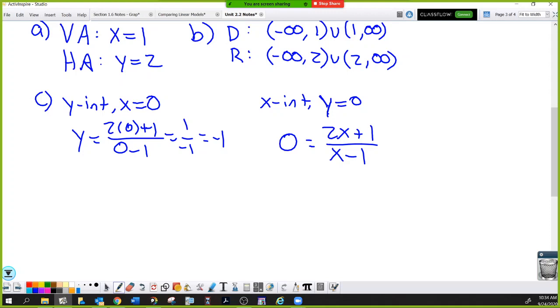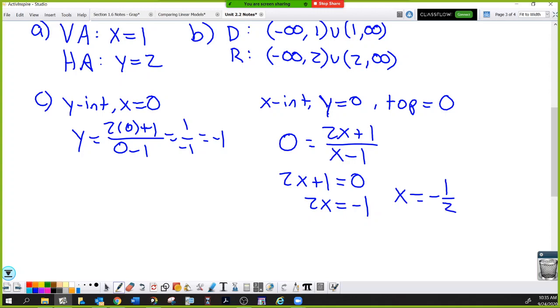What do you got for me? If the top is 0. So the only way a fraction equals 0 is if the top is 0. It's the only way that happens. So the x minus 1 doesn't matter. So what we get is 2x plus 1 equals 0, and we solve for x. Subtract 1 from both sides, and divide by 2.